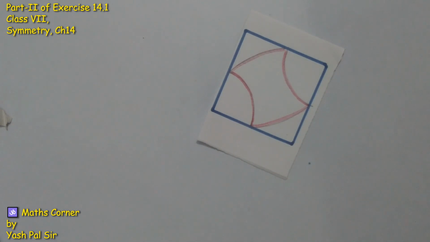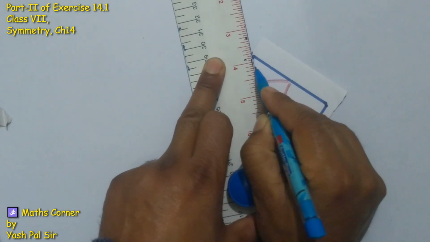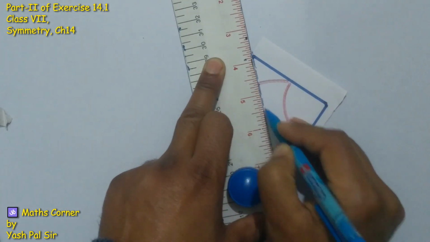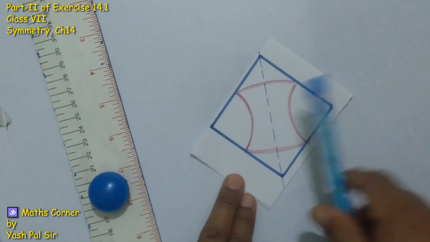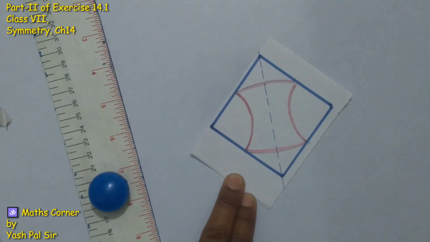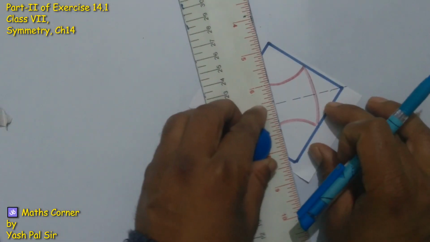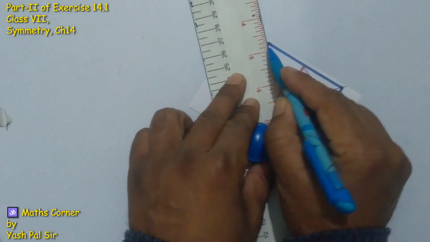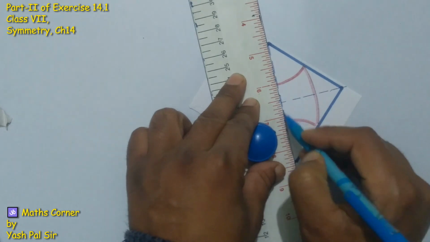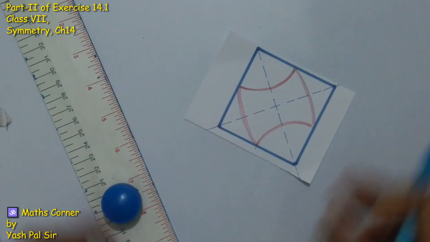The very first line of symmetry we have, joining the diagonal. Okay, so both sides we have the same figure. So this is one. Second diagonal, if we join, even then we shall have the same figure. So this is the second.